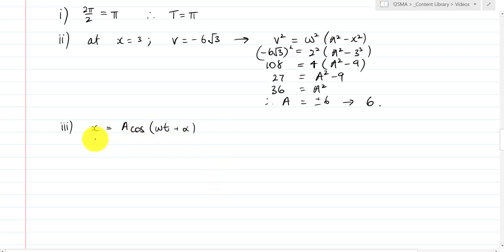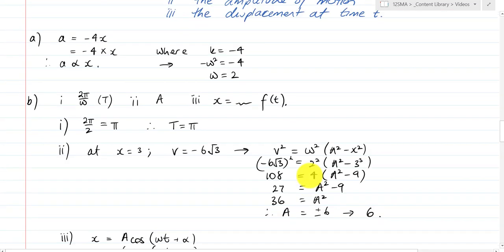Now I know A, I know omega, so I get x is equal to 6 cos(2t plus alpha). And notice here, if I made it -6, it would be inverted. So for that spring being pulled down, using a negative amplitude actually makes sense because I start from that lower point. But if I used a positive, it would just mean that alpha changes again. It's just a different phase shift, and it's all good.